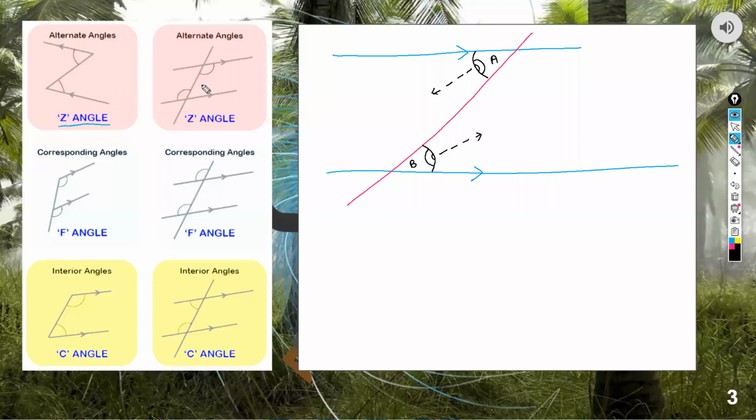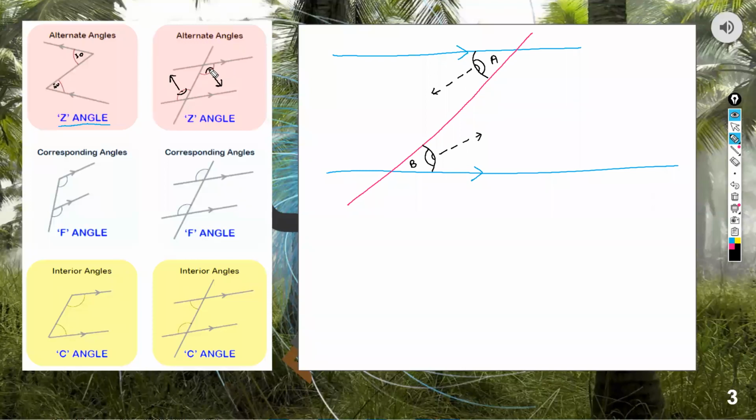You notice in this scenario, if I were to draw an eye here and an eye over here, he looks in this direction and he looks in the opposite direction. And it has two parallel lines. And both eyes cannot see each other because there's what? A wall. In Z angles, these two angles will always be the same. So if here is 30 degrees, over here is also 30 degrees.